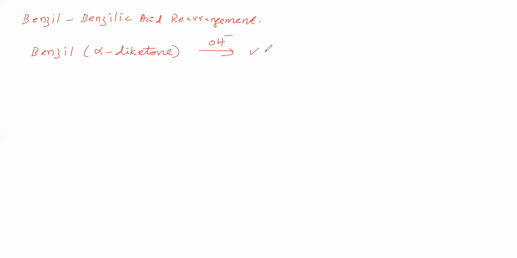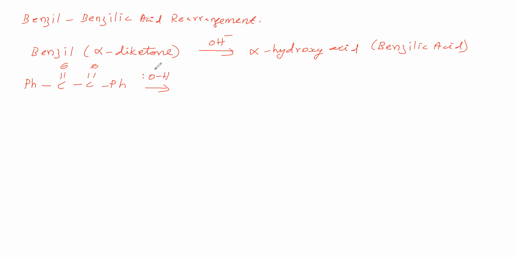We get an alpha hydroxy acid, which is called benzilic acid. So benzil, the alpha diketone, has a phenyl ring, C double bond O, C double bond O, phenyl ring. It is treated with sodium hydroxide, that is OH minus.